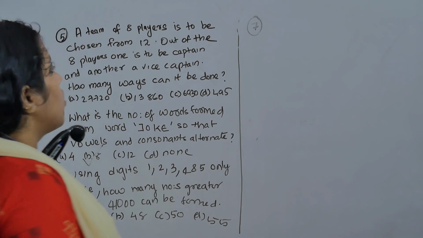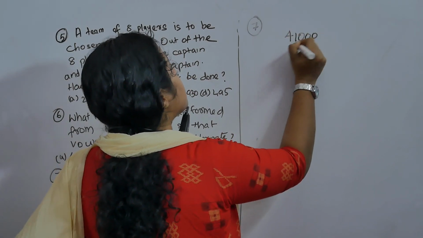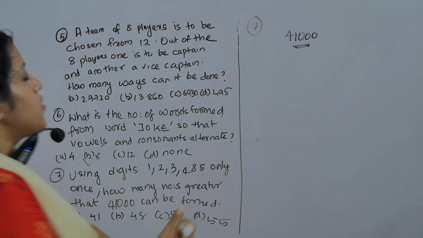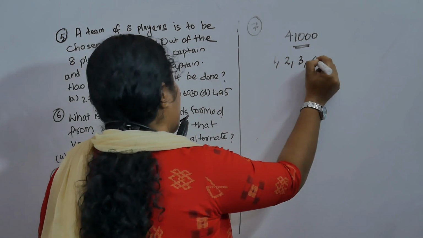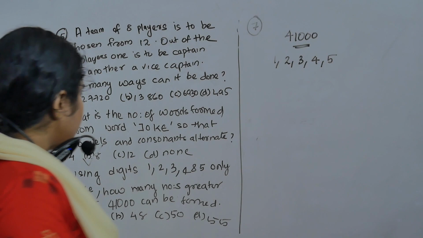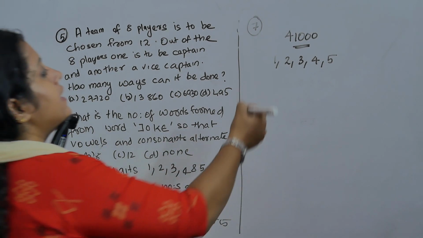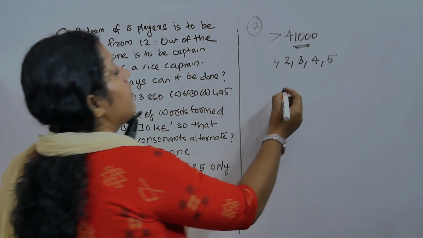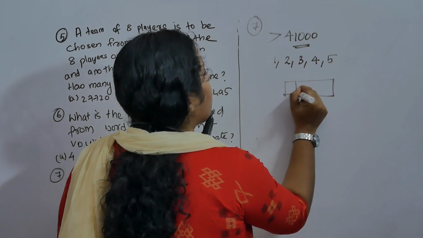So our question is, the number should be greater than 41000, and you can use only 1, 2, 3, 4, 5, each only once. We have only 5 digits, so 5 positions.